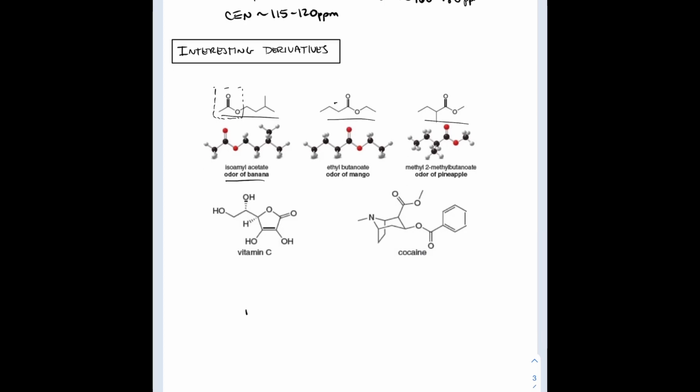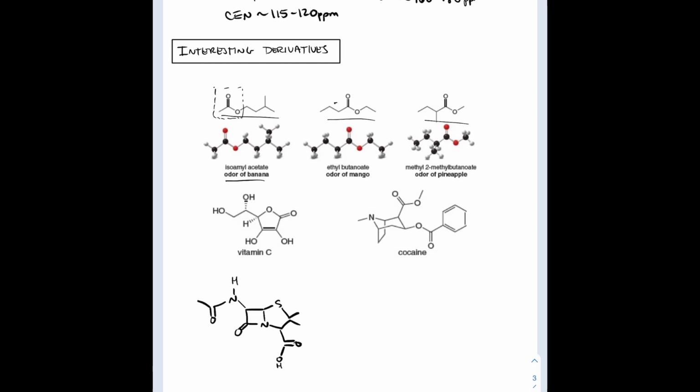Those are esters, obviously. And vitamin C. Look at that structure. It's like a lactone, right? Because we got that cyclic ester. Cocaine has some esters in there as well.